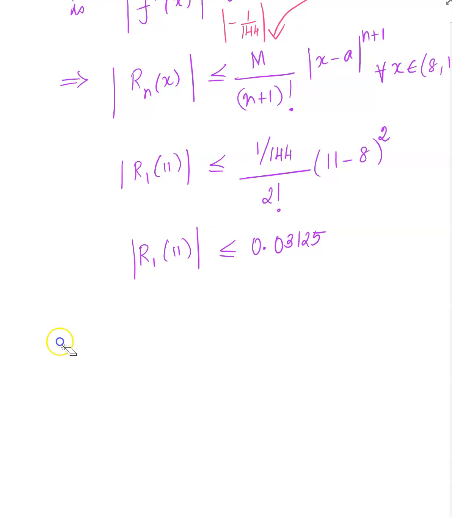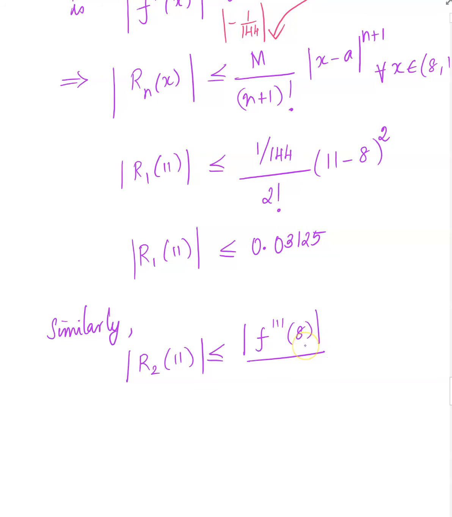Similarly, if you did R2 of 11, it will be the absolute value of f triple prime of 8 over 3 factorial, times 11 minus 8 cubed.